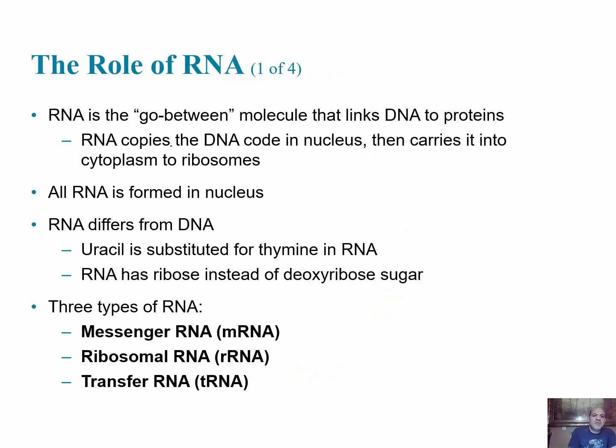So what is the role of RNA? RNA is the go-between molecule that links DNA to proteins. Basically, RNA copies the code from DNA, and this has to happen in the nucleus because that's where you find your DNA. It's going to carry it to the ribosome. So generally, the following pattern results.